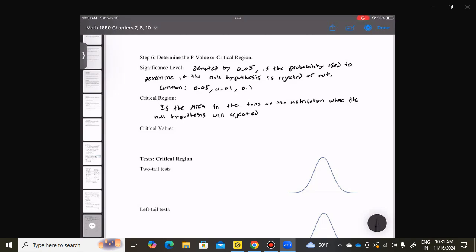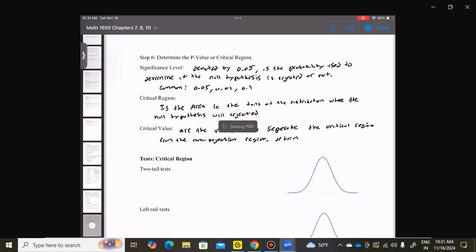And then the critical values are the values that separate the critical region from the non-rejection region. And this is determined by alpha and the type of test.